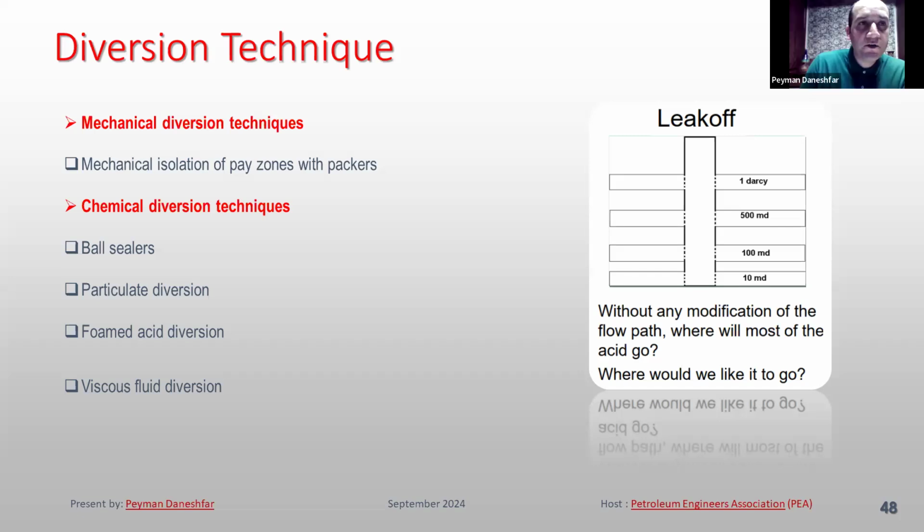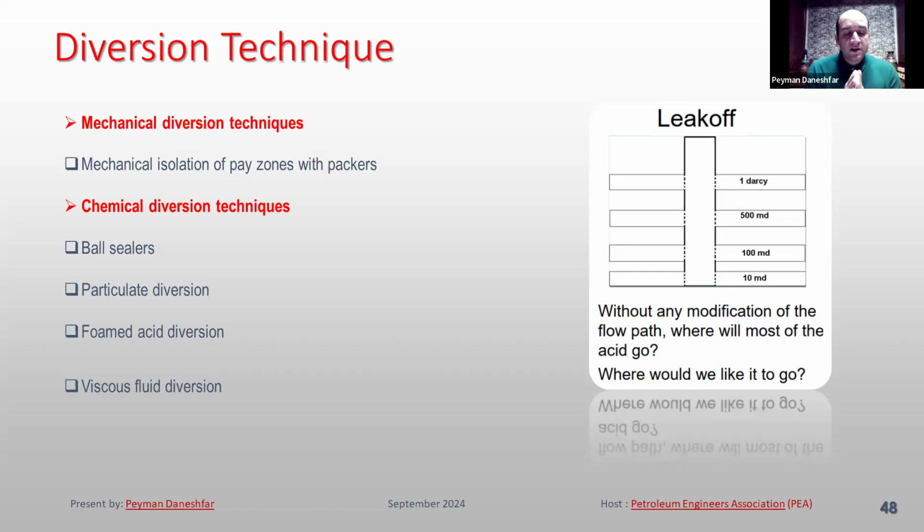Okay, I will continue with my slides. This is the diversion technique. We have two types of diversion techniques, mechanical and chemical. For the chemical, there are ball sealers, particulate diversion, foam acid diversion, and viscous fluid diversion.